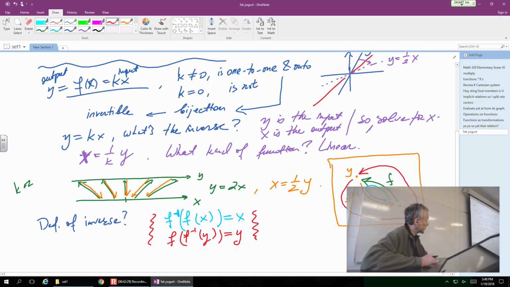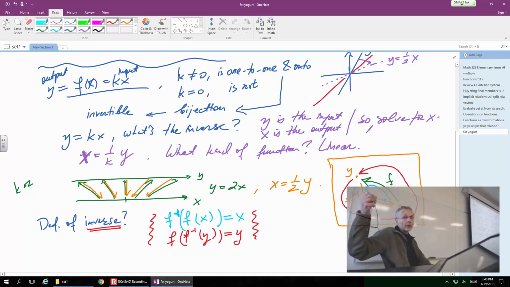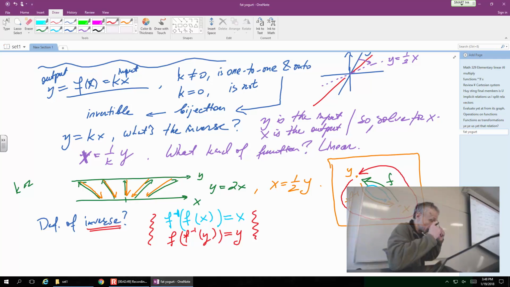So starting with the function, making sure that it's one-to-one onto, a function that satisfies these properties is called the inverse. There is a little issue here of why there is only one function like that satisfying this property, but it's very easy to take care of, and it works out just fine.